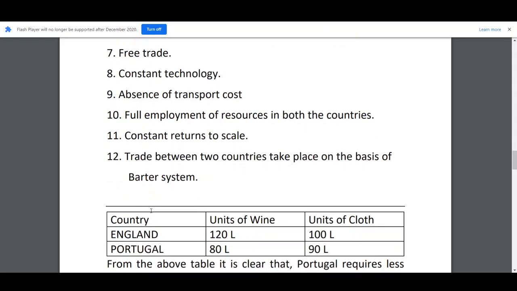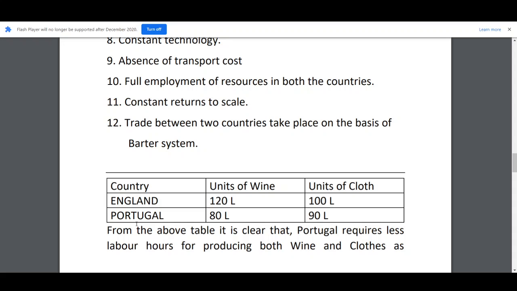Okay, now he is explaining through a table. There are two countries according to him. He is giving the example of two countries, England and Portugal, and the commodities wine and cloth. Now in England, how much labor hour is required for producing wine? 120 labor hours, and for cloth 100 labor hours.